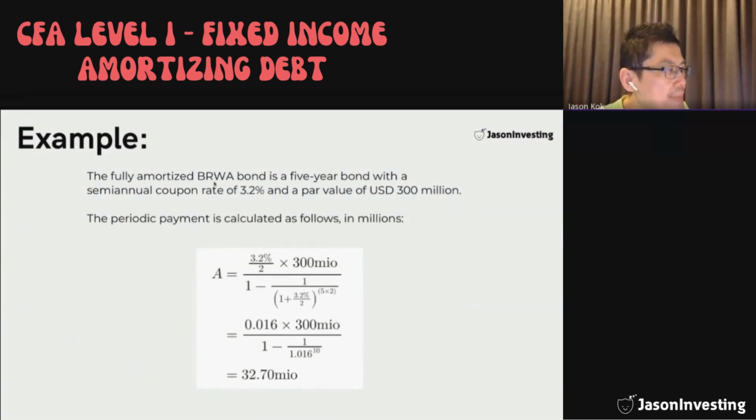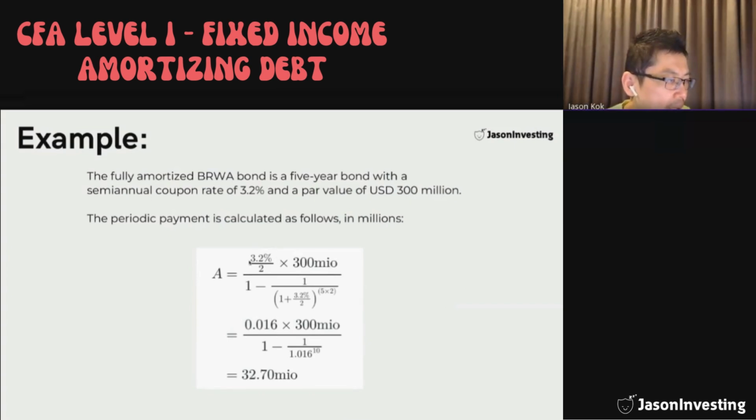The fully amortized VRWA bond is a 5-year bond with a semi-annual coupon rate of 3.2% and a par value of USD 300 million. So the par value is the face value. It just means that the company is borrowing 300 million.